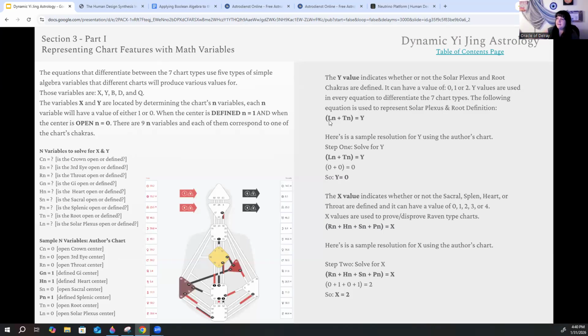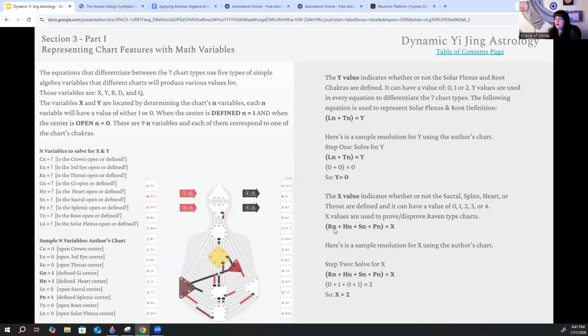Y is just LN plus TN, which is whether your solar plexus or root are open or defined. Mine are both open, so my LN plus TN is 0, so Y is 0. And then the X value indicates whether or not the sacral, spleen, heart, or throat are defined, so these 4 that connect to these 2.